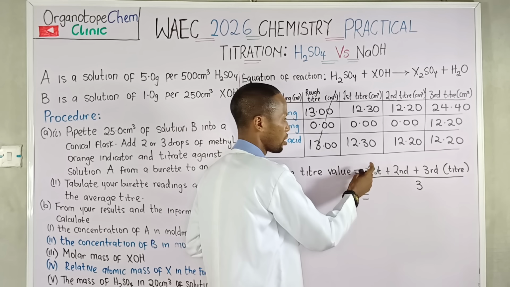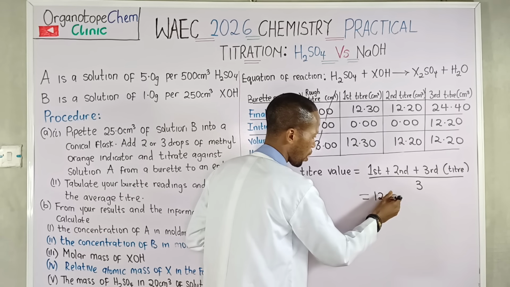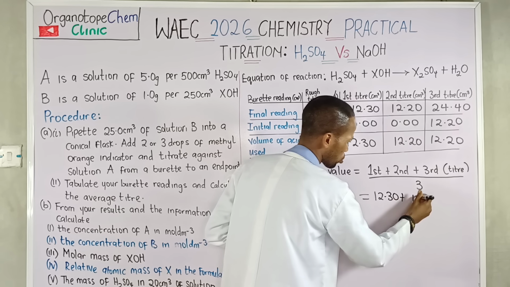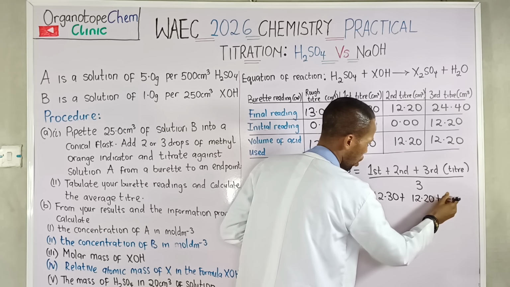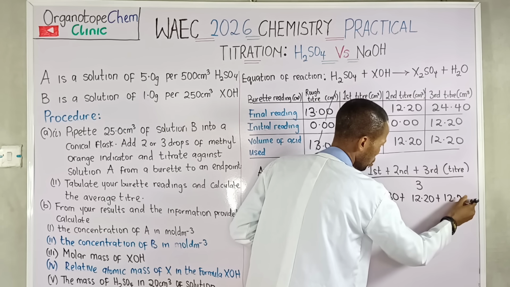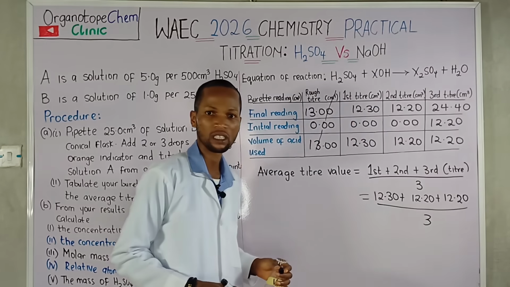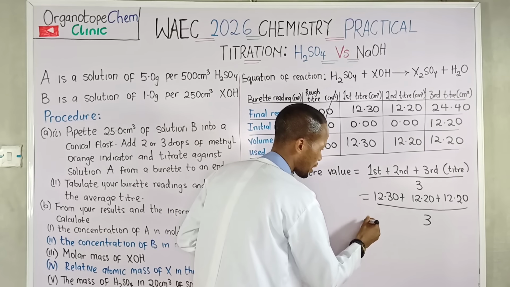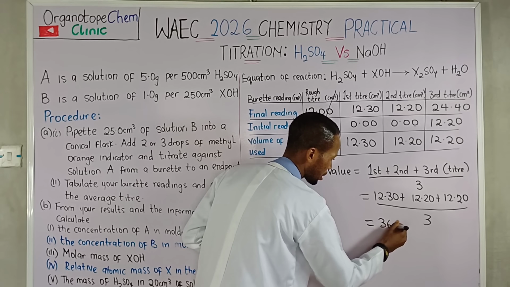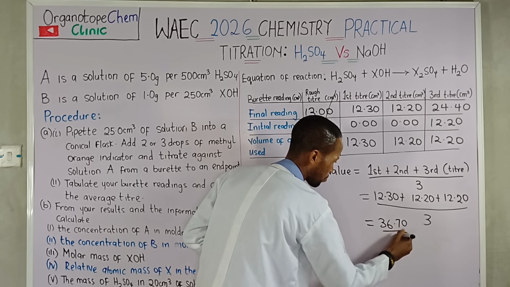So we'll pick the concordant values to determine the average volume of acid used. The first titre is 12.30 plus 12.20 plus 12.20, and we divide by 3 to get the average. When we add this together, we have 36.70 divided by 3.